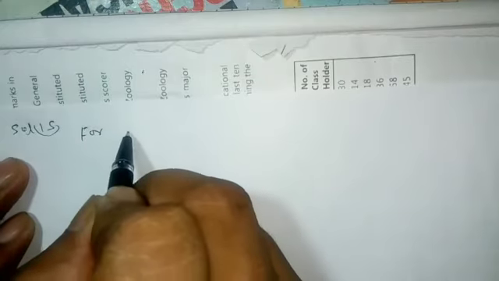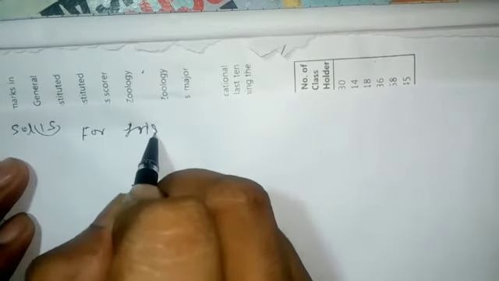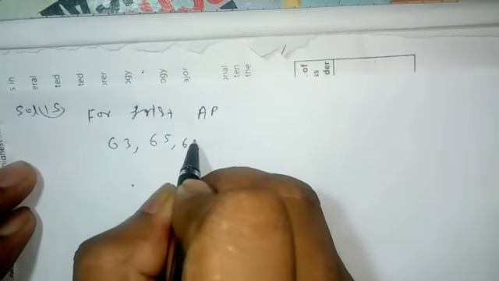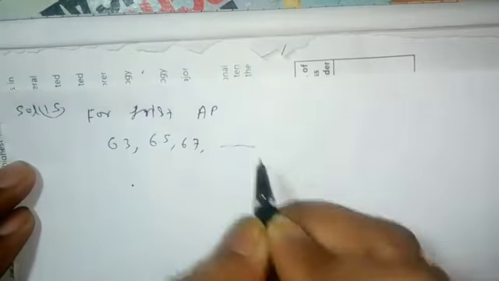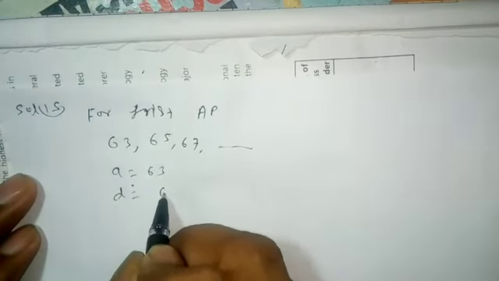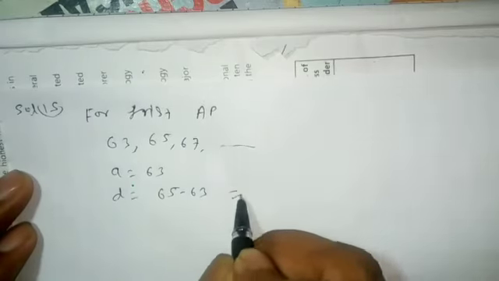Now for the first AP 63, 65, 67 ... A is equal to 63, D is equal to 65 minus 63 is equal to 2.